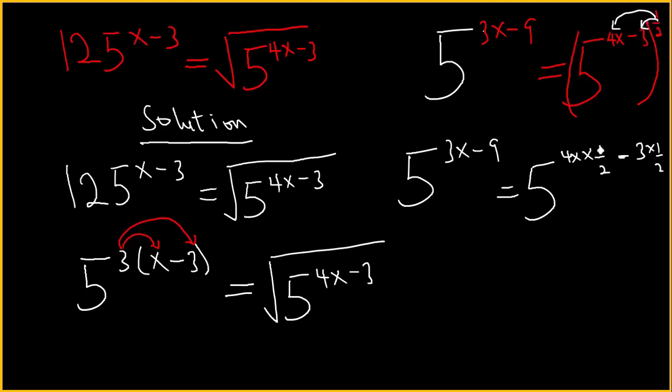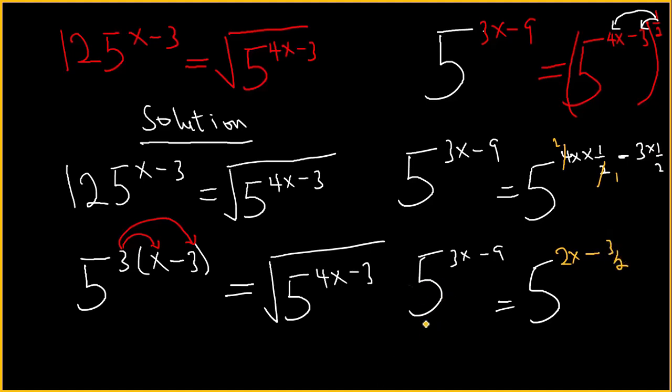Now we have 5 to the power 3x minus 9 equals 5 raised to the power. So here we have a common thing to cancel out. 2 into itself 1, 2 into 4 2. Now we have 2 multiplying x, which yields 2x minus, so 3 times half gives us 3 on 2.